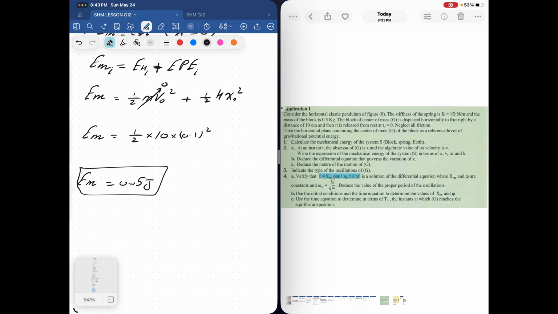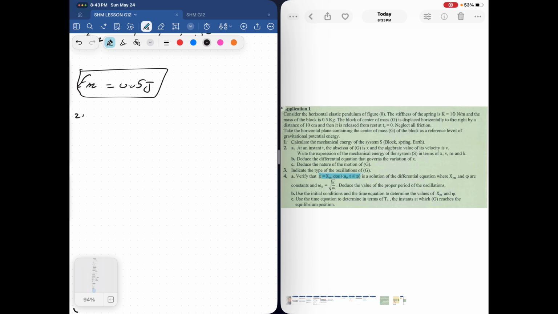For part 2, at an instant t, the abscissa is x and the algebraic value of its velocity is v. Write the expression of the mechanical energy of the system in terms of x, v, m, and k. And so this is pretty easy to find. It is equal to Ek plus EPE.